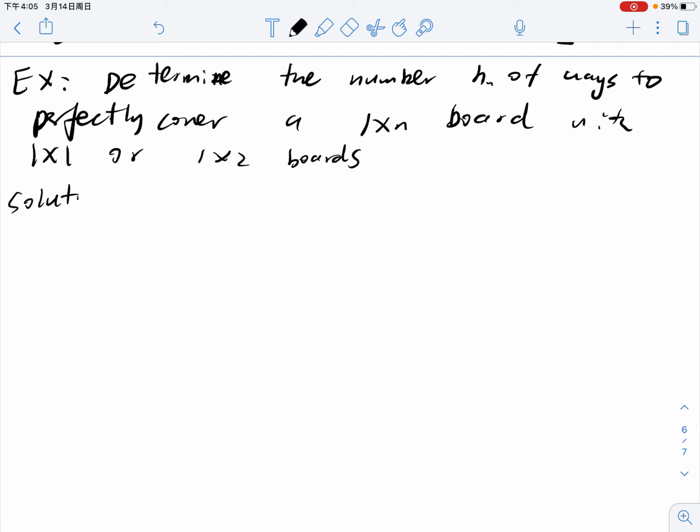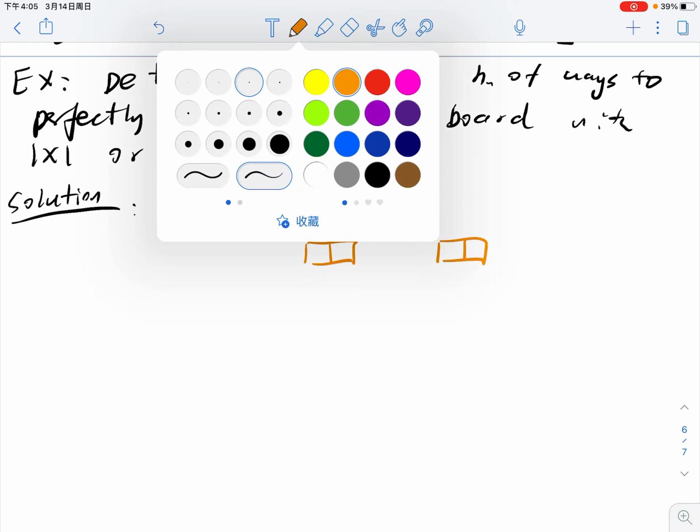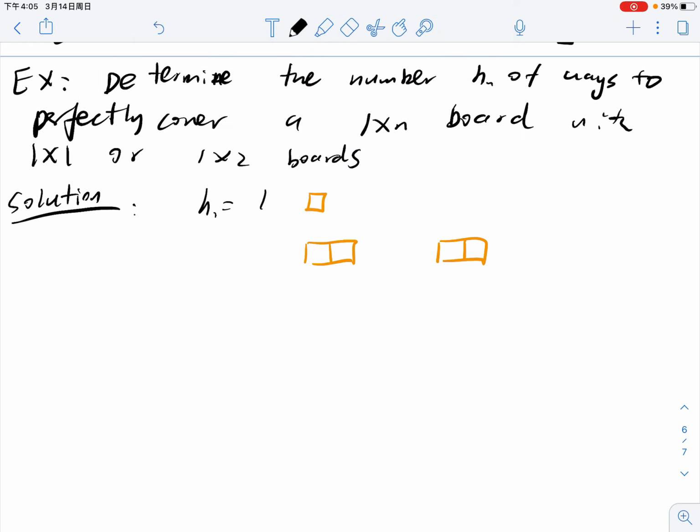Solution. Similarly, H1 is 1, you only have one choice, and for H2 you have 2 choices.